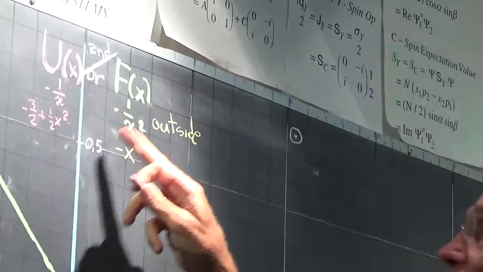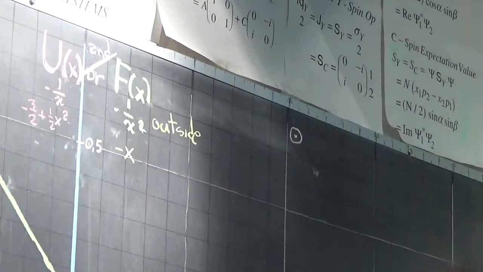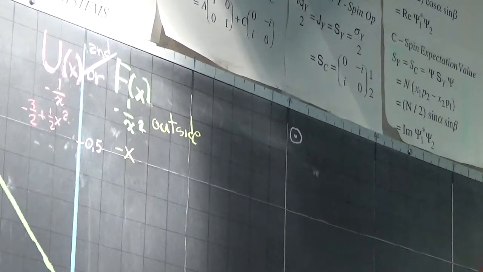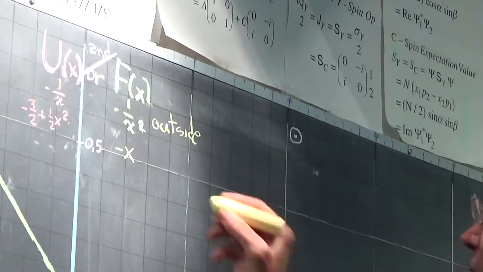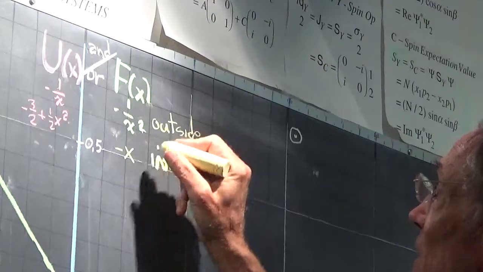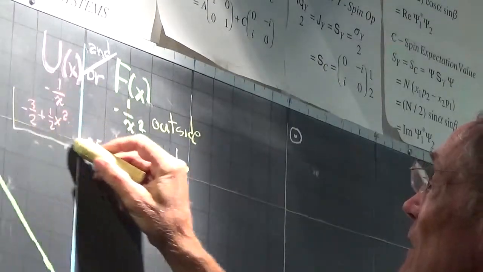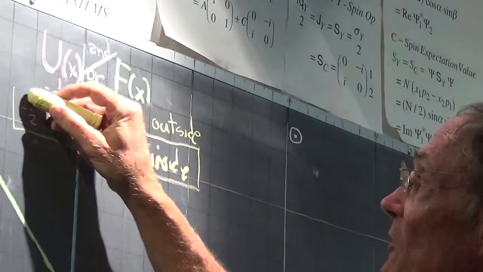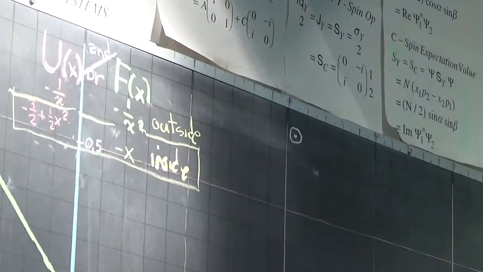So these are the force and potential that we're dealing with, and today we're mostly dealing with the inside of the sophomore physics Earth. Okay, so these are the guys that we're worried about mostly today.